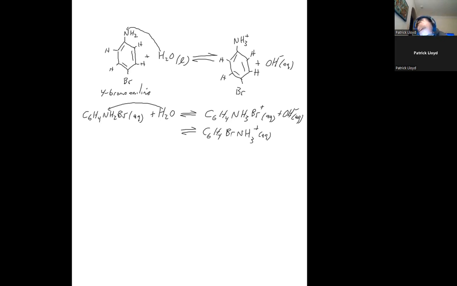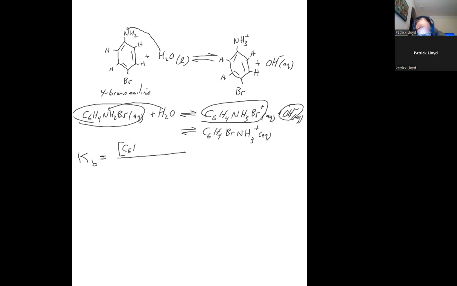The point is now we want to write the equilibrium expression, Kb. So that would be the concentrations of the products. Here's our first one, here's our second one, and then we have one reactant there.